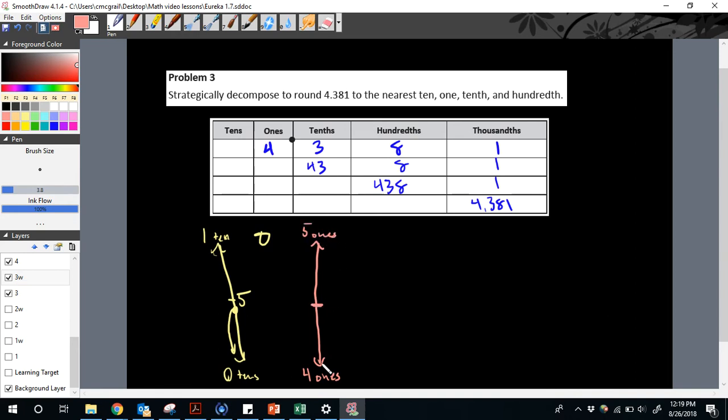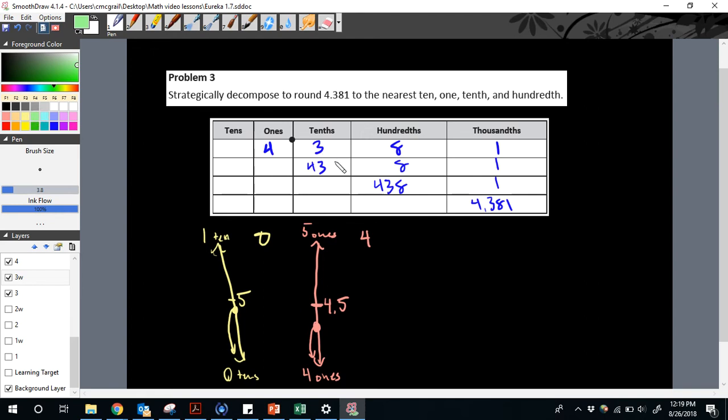I'm going to find my midpoint, which is 4 ones plus 5 tenths. Then I'm going to look here. This is 4 ones and 3 tenths. 4 ones and 3 tenths is going to be below my midpoint of 4 ones and 5 tenths. So 4 ones and 3 tenths is going to be right about there. So when I round to the nearest ones place, it's going to round down to 4 ones.